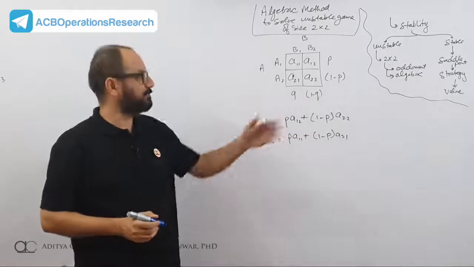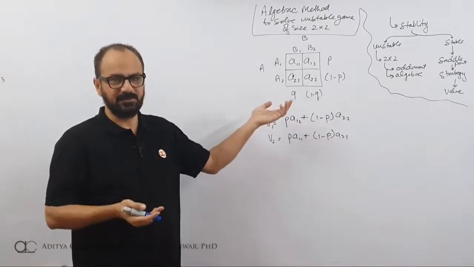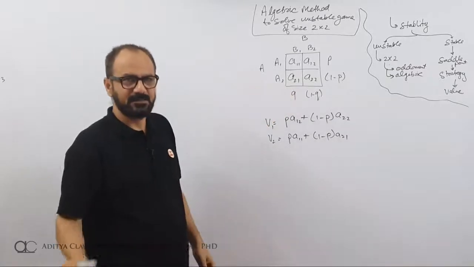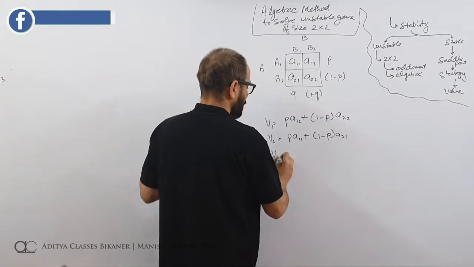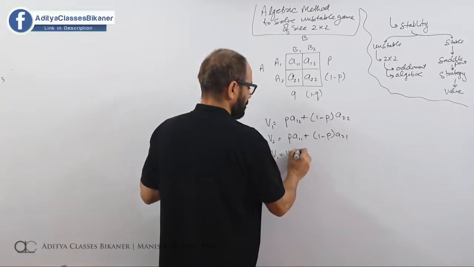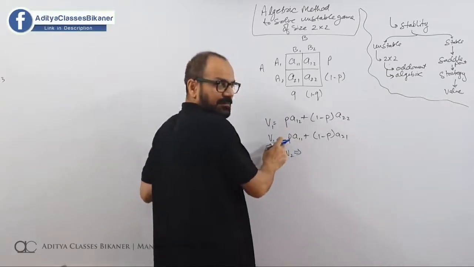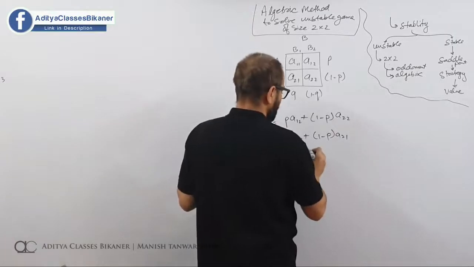But in unstable games, we have checked, as in the previous case, that the value should be the same everywhere. So I can say that V1 will be equal to V2, which implies this expression will be equal to this expression. Let me put it down.